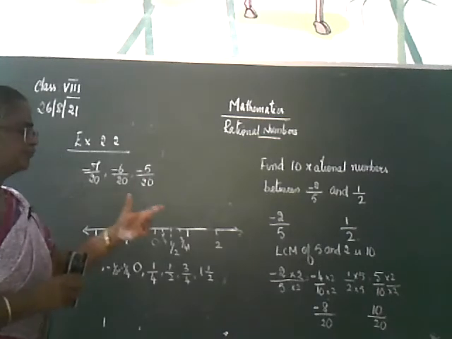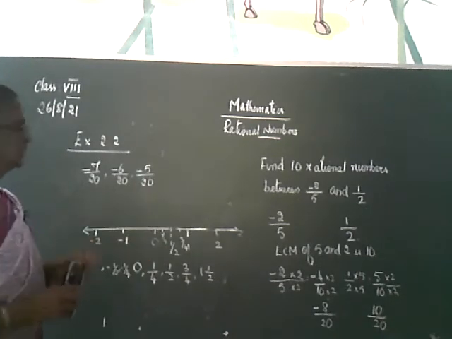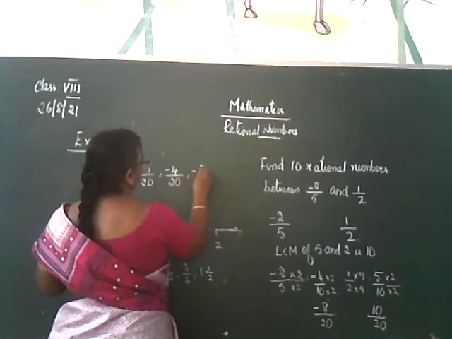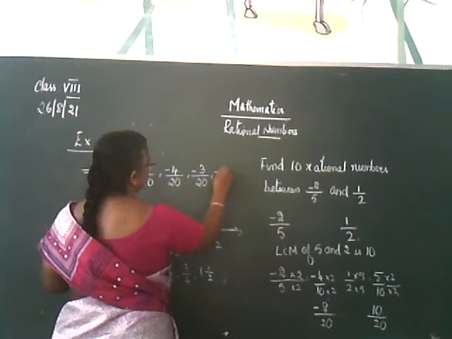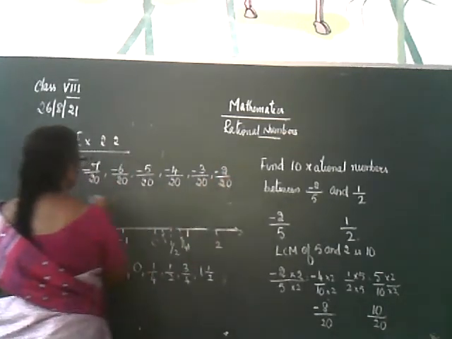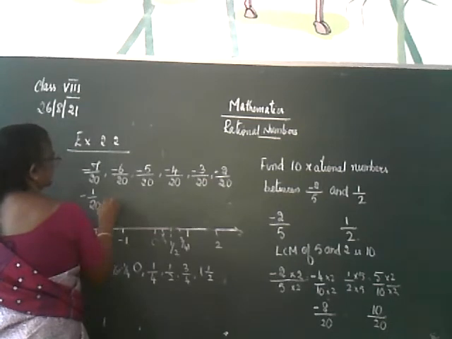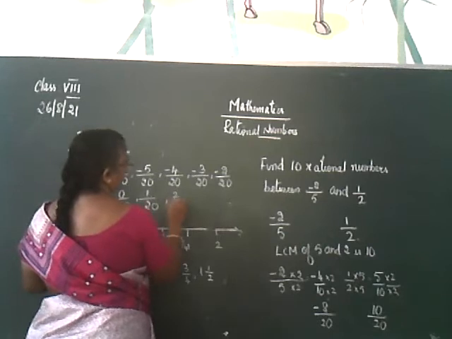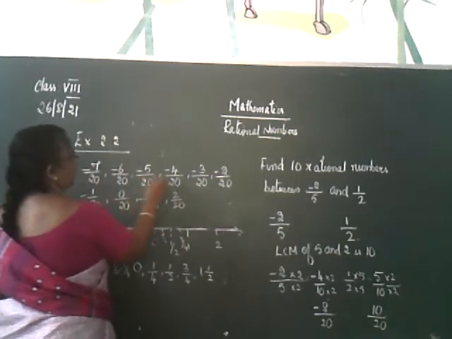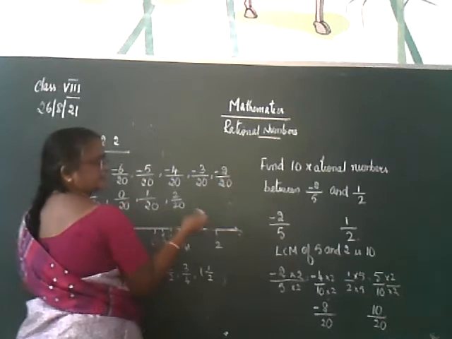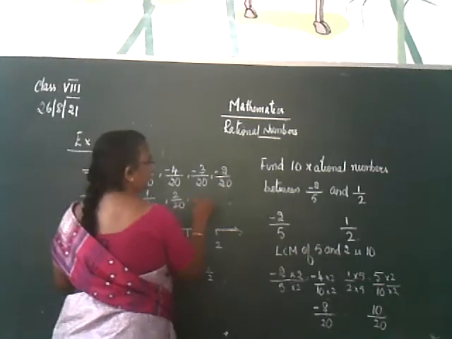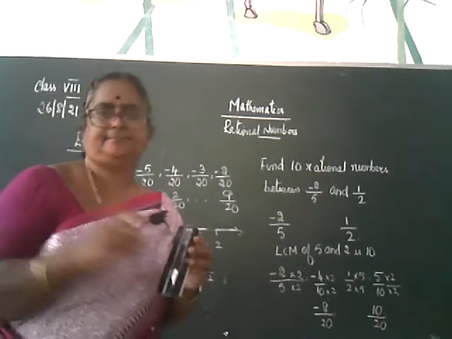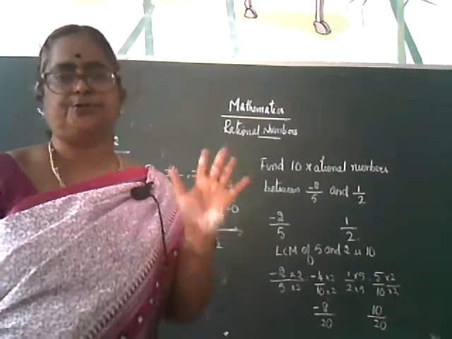Minus 4 by 20, minus 3 by 20, minus 2 by 20, minus 1 by 20, 0 by 20, 1 by 20, 2 by 20, anything. So 1, 2, 3, 4, 5, 6, 7, 8, 9, 10. I can write. So even up to 9 by 20 you can write. In that you can choose any 10 rational numbers and write.